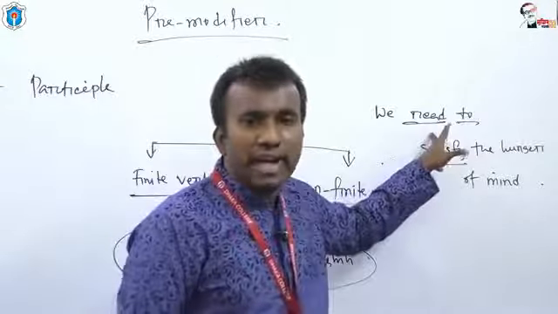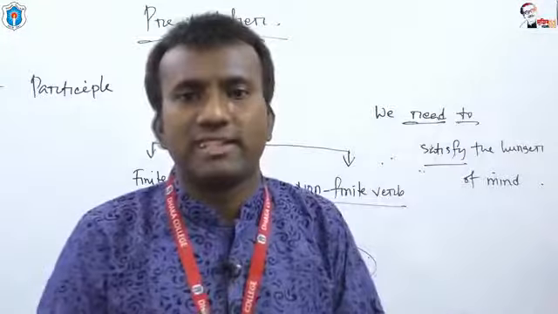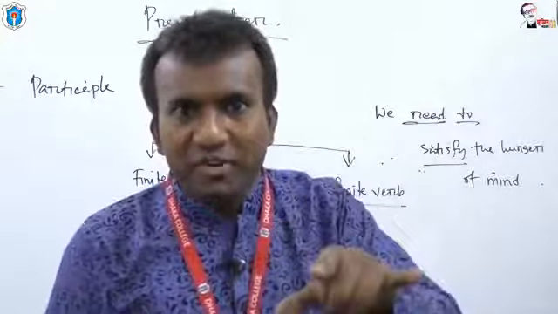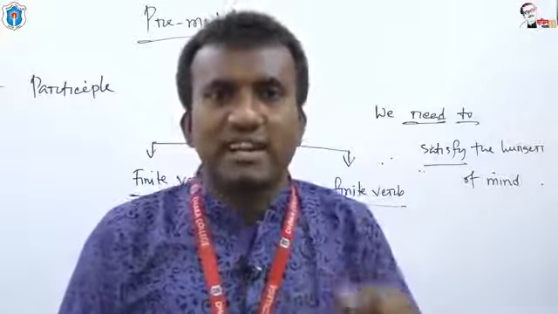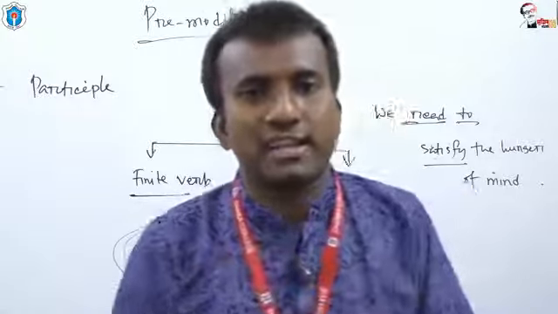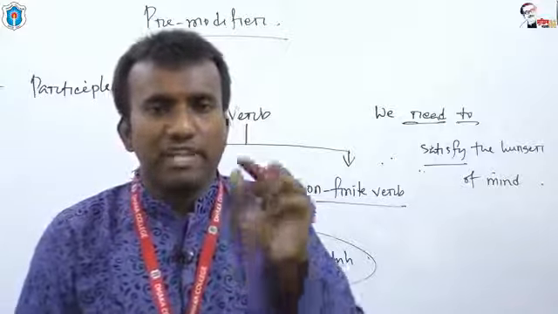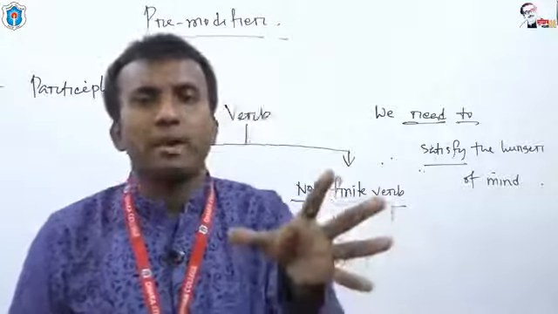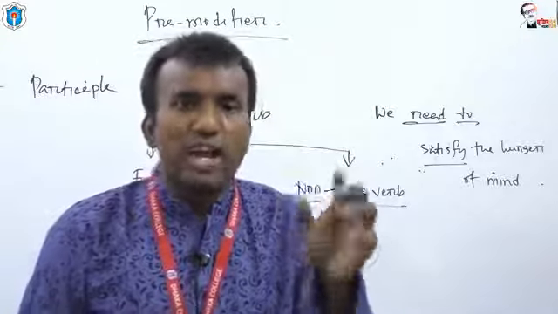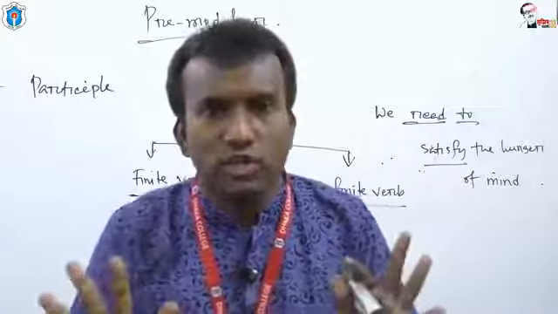Now I can say the verb which has a subject in the sentence is called finite. The verb which doesn't have a subject is called non-finite. I have given you two formulas. Finite verbs have subject in the sentence, non-finite verbs don't. Finite verbs help us to identify the tense of a sentence, non-finite verbs don't help us. Is it clear to you?